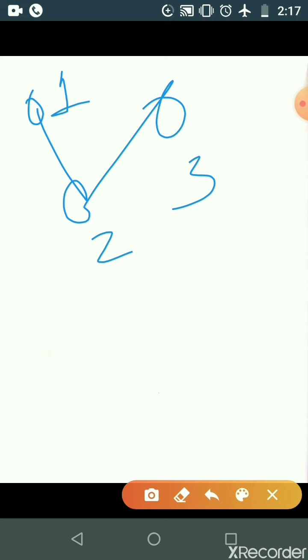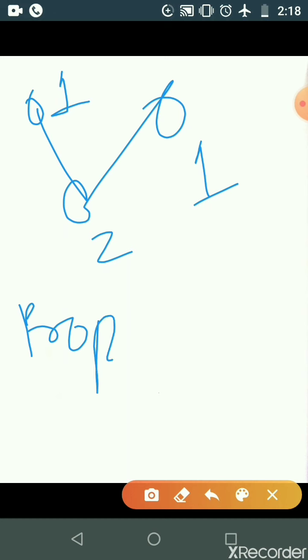And if you use 1 instead of this 3, if you have only 2 colors, you can color P3 as well. P2 you can color using 2 colors, P3 also you can color using 2 colors. Here also adjacent vertices get different colors. That's why this is a proper 3-coloring.